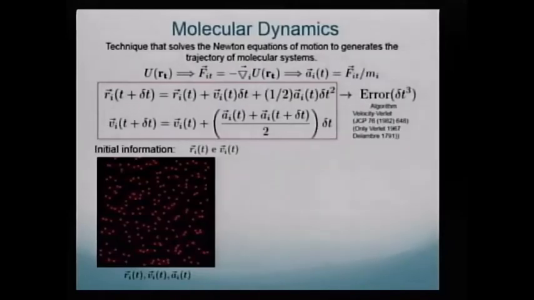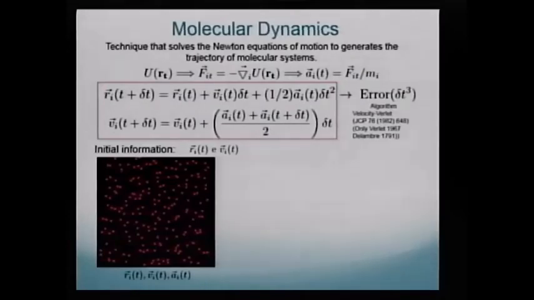This algorithm was suggested in 1982, but the first time that it appeared in the literature is very old. The idea of solving Newton's equation using these equations is from 1791. But Verlet made the first implementation in 1967, and the initial one was the Verlet algorithm, which then evolved into the velocity Verlet algorithm.